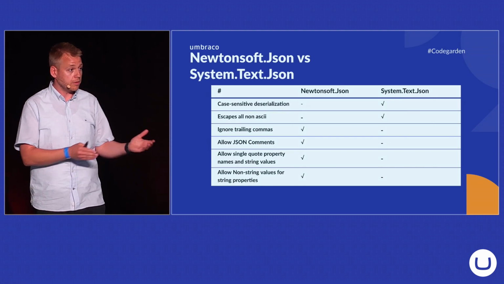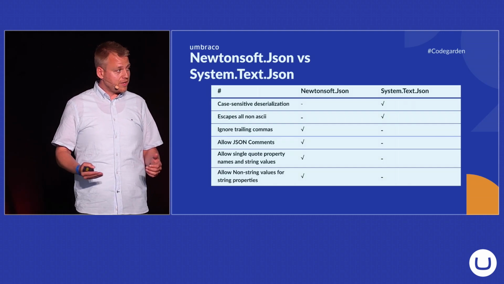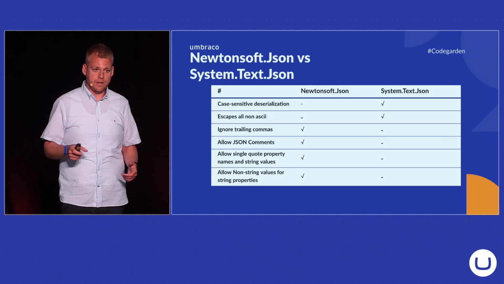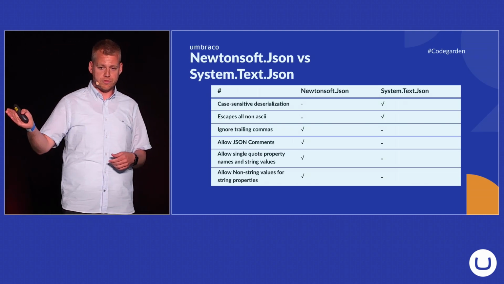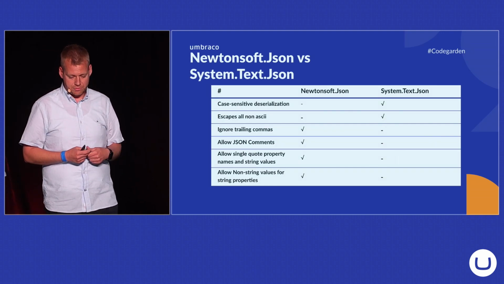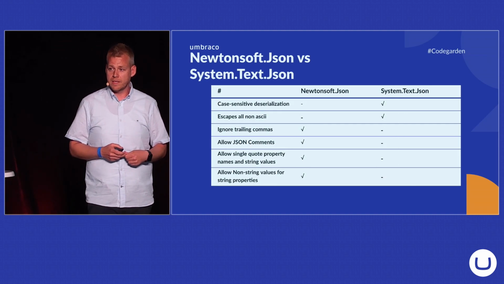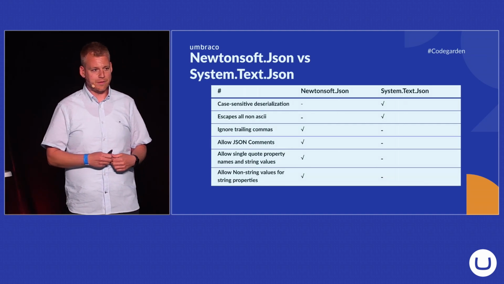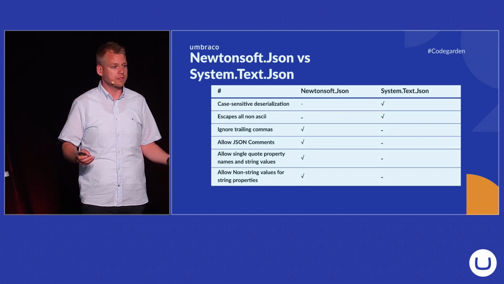You need to use the double quote, which is part of the RFC on how to do JSON. Also, you can't pass a non-string to a string property. You can't just say true and deserialize it to a string property. It won't do the toString automatically for you anymore. So we need to follow the right way to do JSON even more, but this leads to better performance, so it's really worth it.